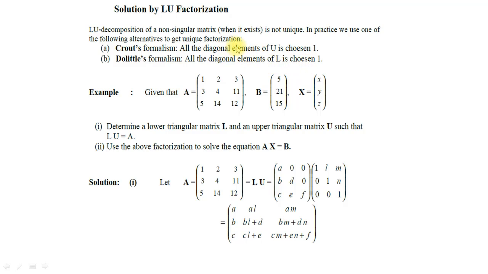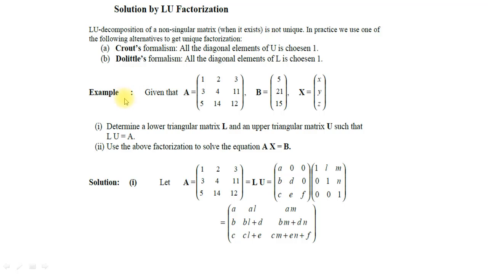If we choose the diagonal elements of the upper triangular matrix 1, the method is called Crout's decomposition. If we choose the diagonal elements of the lower triangular matrix L as 1, the decomposition is called the Doolittle decomposition method.